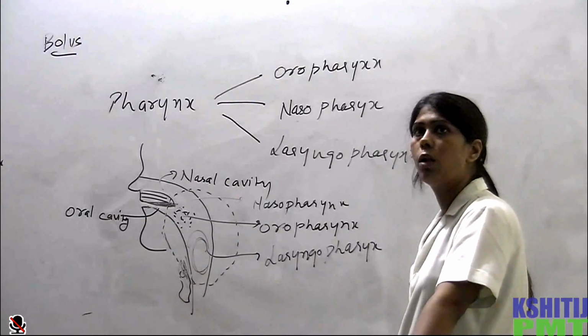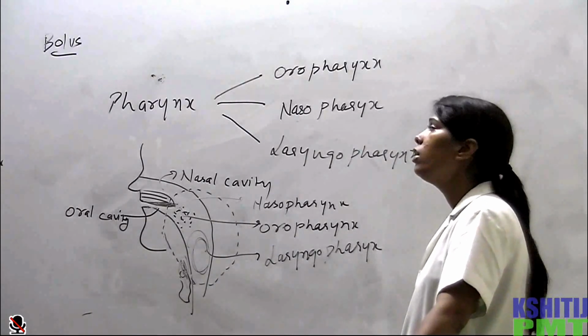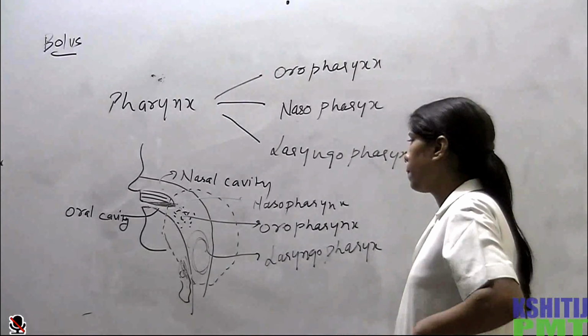So in total we have three parts of the pharynx.